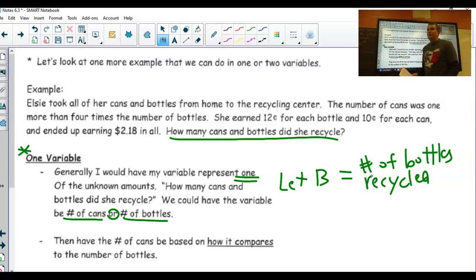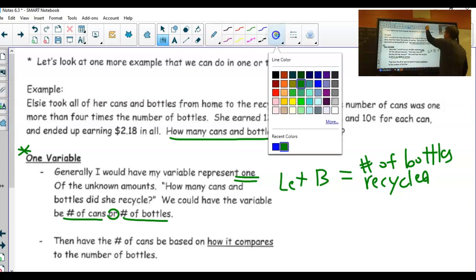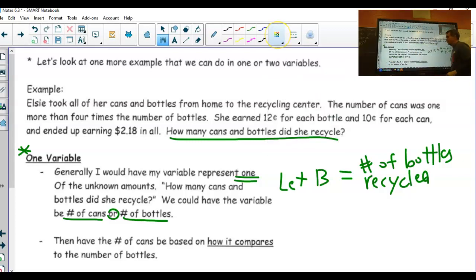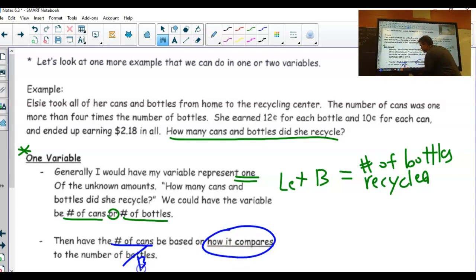So if I'm going to use 1 variable, then my other unknown amount, which is the number of cans, I need to represent it based on how it compares to the number of bottles, how it compares to B. And they told me how it compares to B.